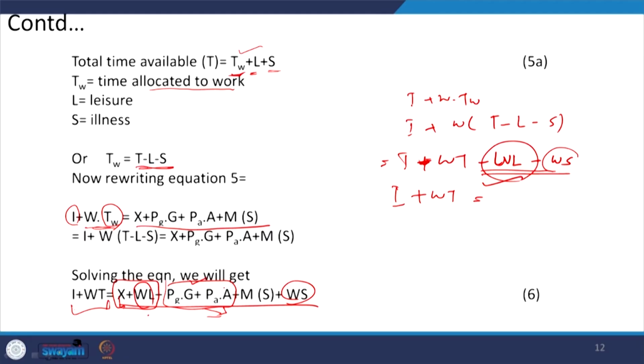So these G and A components are actually the defensive expenditure, right. And the third one is in terms of MS and WS.